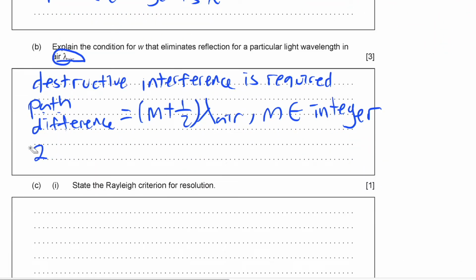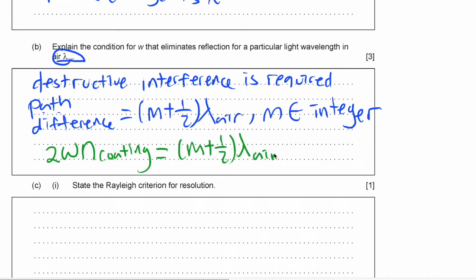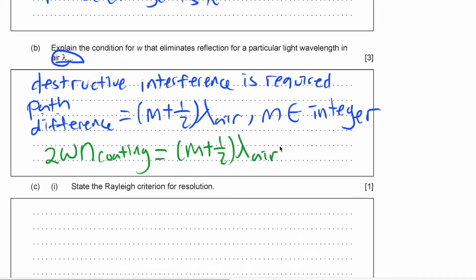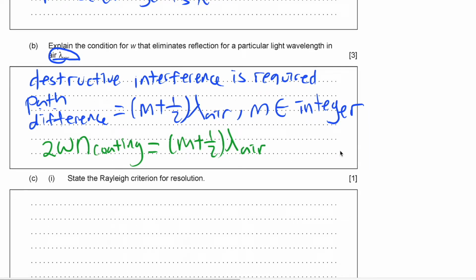So we can conclude that the path difference here is equal to 2w multiplied by the refractive index of the coating, which is equal to (m plus a half) multiplied by lambda air. And this does make sense, right? Because when both boundaries experience the same phase shift, the reflections automatically cancel out. And if you don't see why, you can draw a diagram to see.